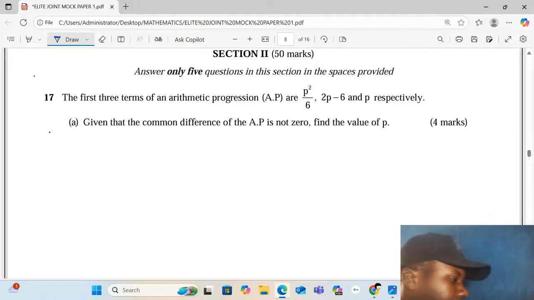So this one is the question on AP, arithmetic progression. They're saying the first 3 terms of an arithmetic progression AP are p squared over 6, 2p minus 6, and p respectively.